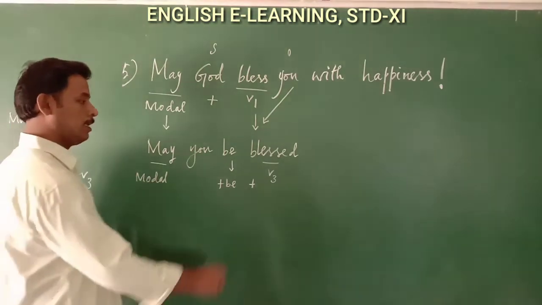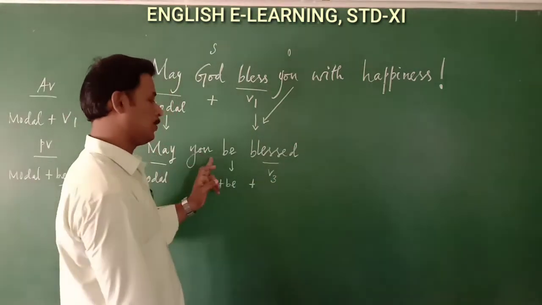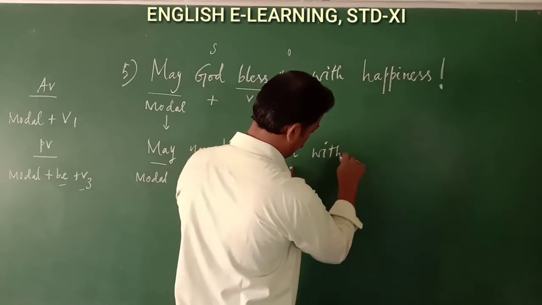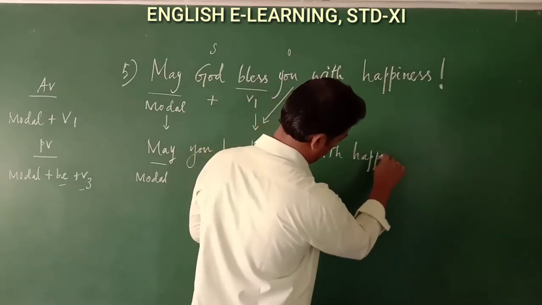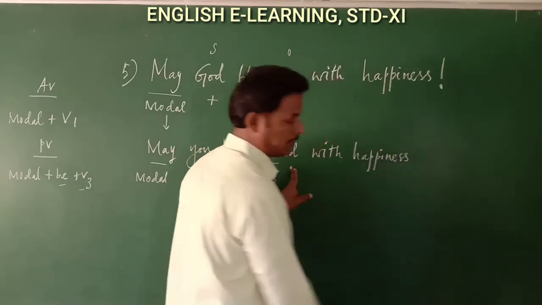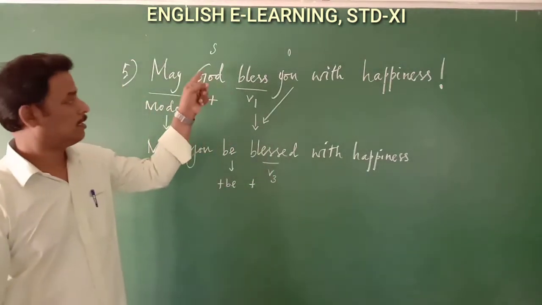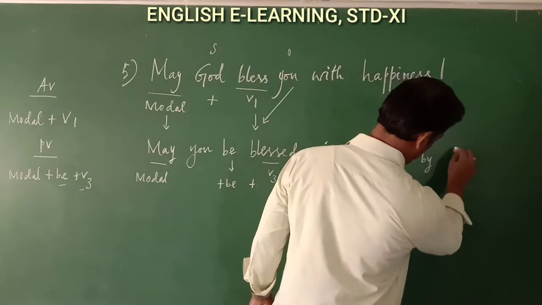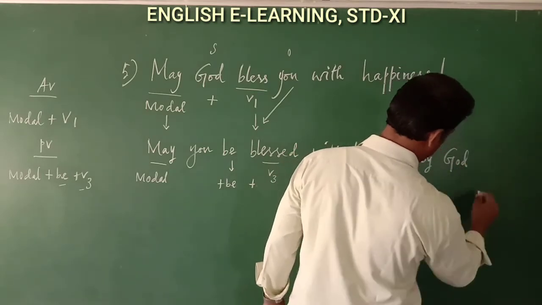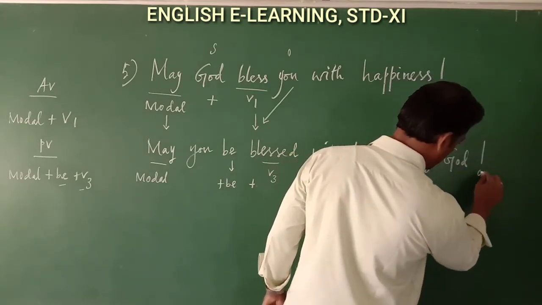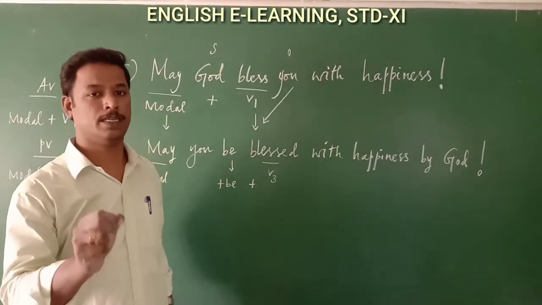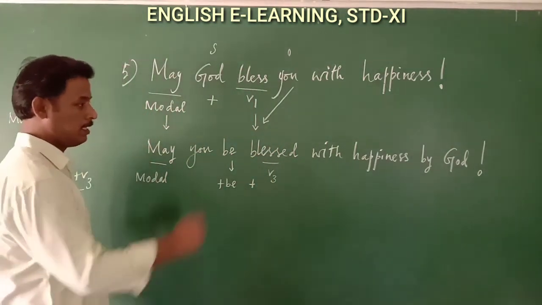So the remaining answer is, may you be blessed with happiness. And who is the agent here? God. So add the preposition by plus subject, by God, and then this sentence must be ended with an exclamatory symbol.